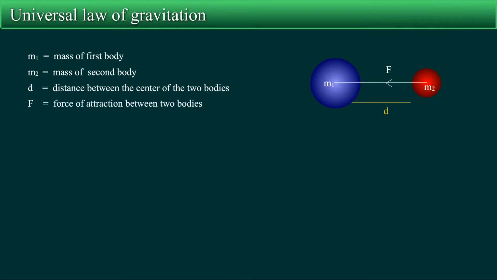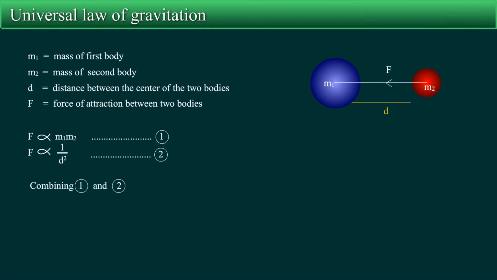According to the universal law of gravitation, the force between two objects is directly proportional to the product of their masses, and inversely proportional to the square of the distance between them. Combining both the equations, we get F proportional to m1 m2 divided by d squared.